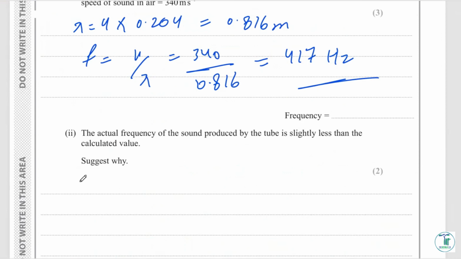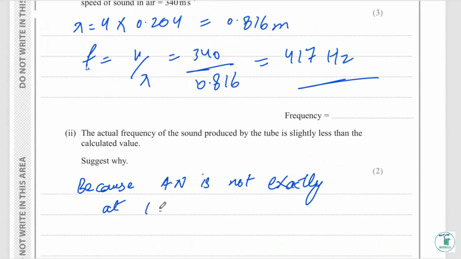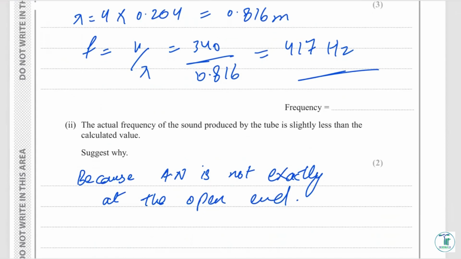So we can simply write because the antinode is not exactly at the open end, there is an end correction required in the readings.